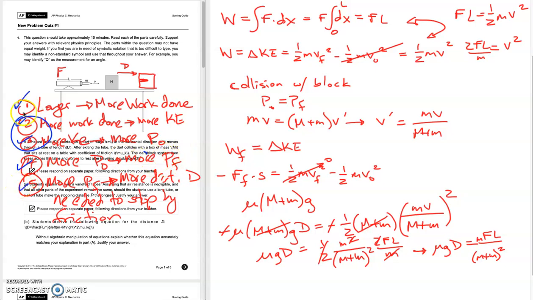And then you get a fourth point. I split up 2 and 3; they combine 2 and 3. So the fourth point is for saying now that we've had more velocity because more momentum, we're going to need a greater distance on the end. And I wrote out all of the work here from beginning to end for this problem so that you see how it works. Now I'm going to have to clear it out so that we can take a look at part B.